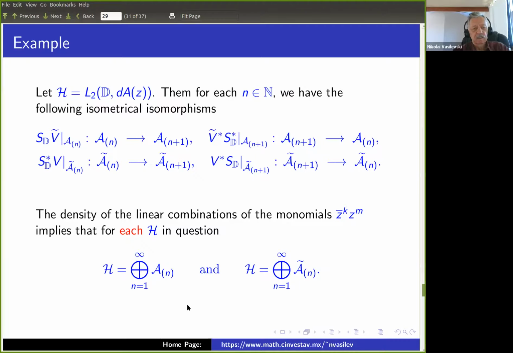But anyway, for each of our generic spaces H, it is a direct sum either of all true polyanalytic or a direct sum of all true anti-analytic functions.